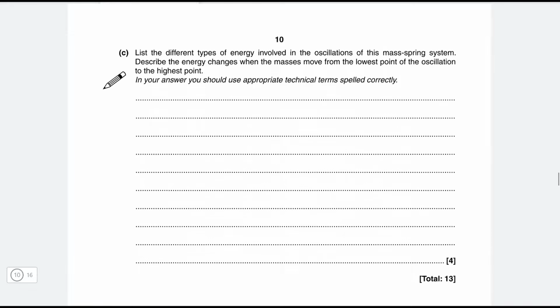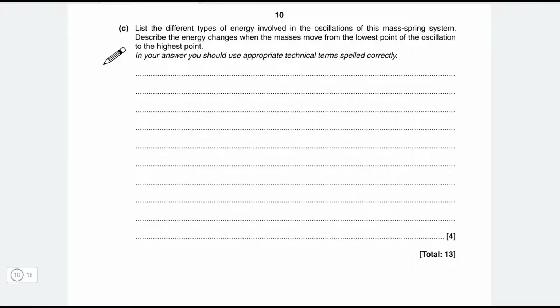Okay, part C lists the different types of energy involved in the oscillations of this mass spring system. Describe the energy changes when the mass moves from the lowest point of the oscillation to the highest point. Okay, so first off, let's have a look at the kinetic energy.